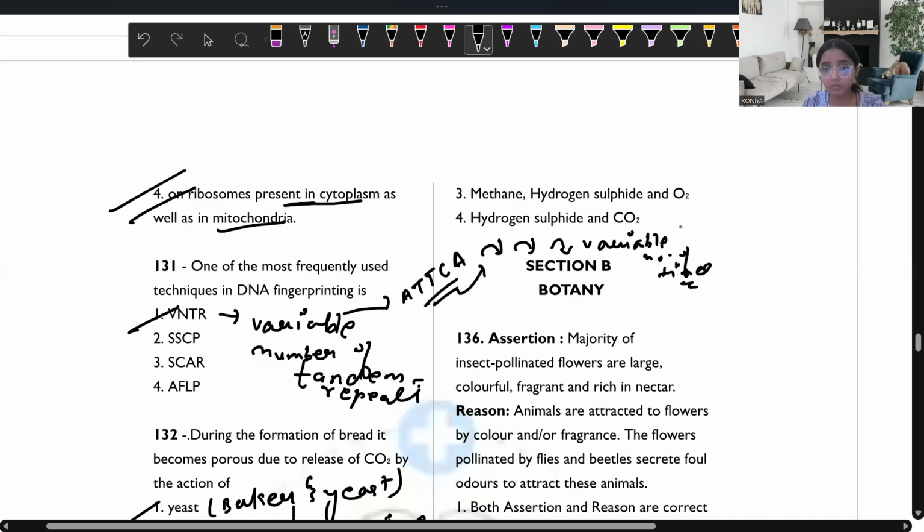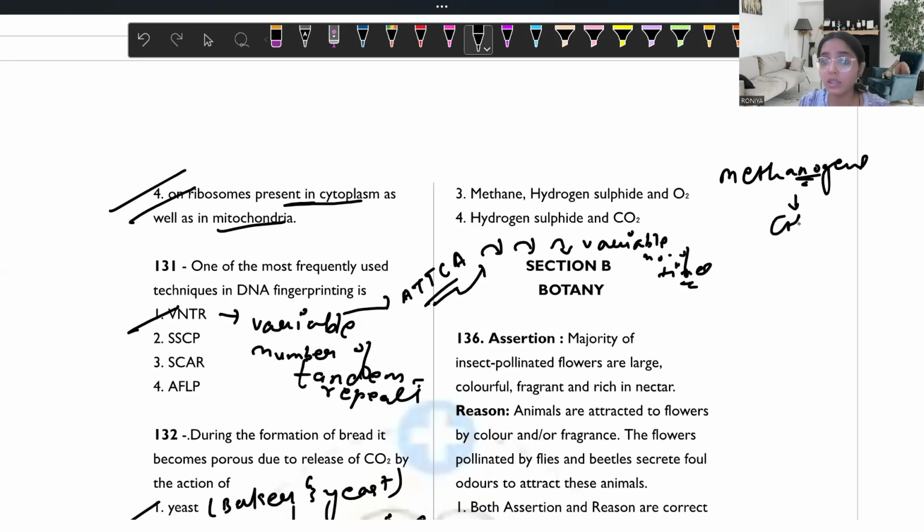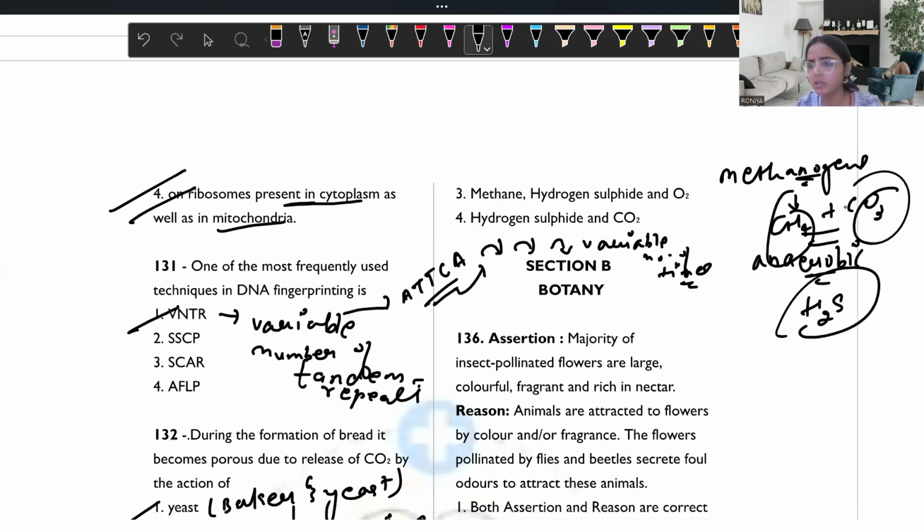See, the anaerobic sludge digesters have methanogens, archaebacteria, which produce methane plus carbon dioxide. And there are other anaerobic bacteria which can produce hydrogen sulfide. Apart from these three important gases, sometimes ammonia can also be seen. I hope this is clear to you.